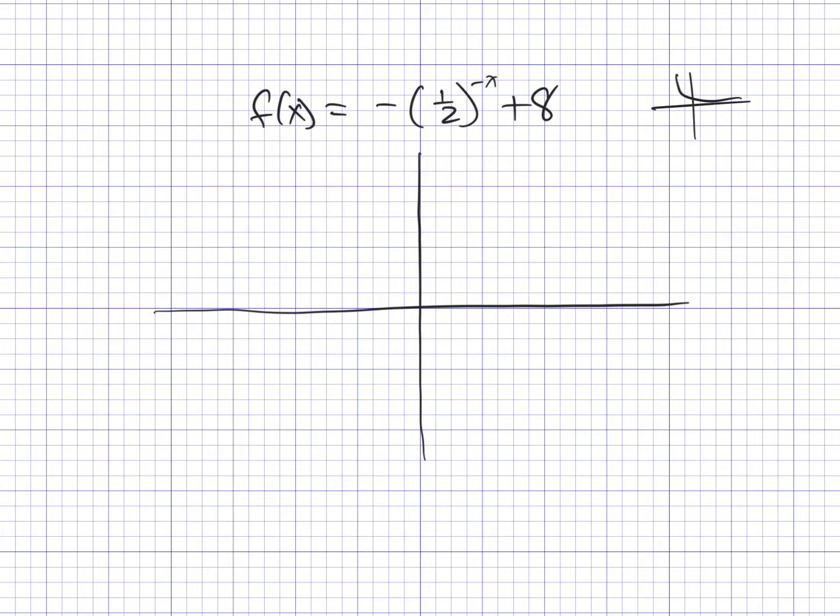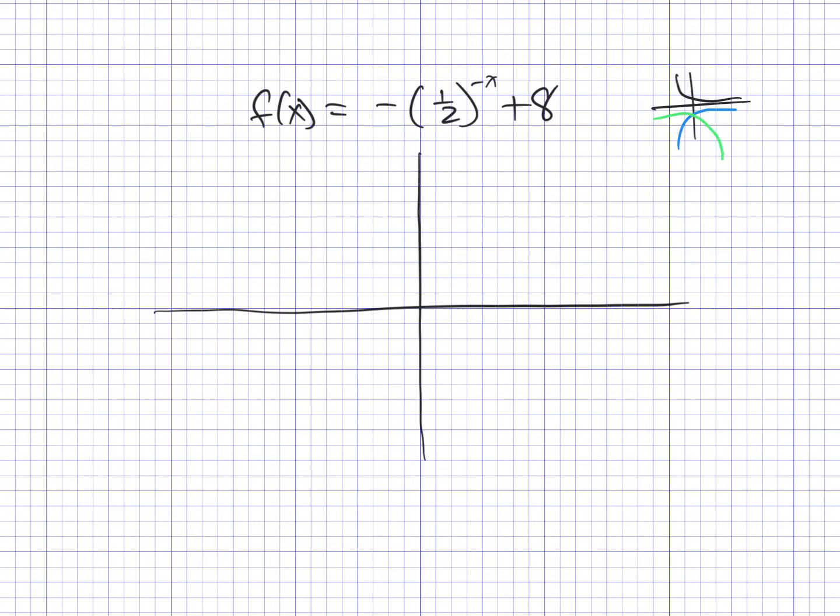What do the negatives do? The negative out in front is a vertical reflection, so that means it does that. But then you have a negative inside the function, so that's a horizontal reflection. So that therefore flips it this direction.